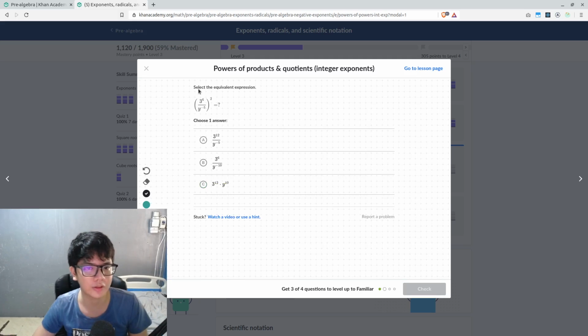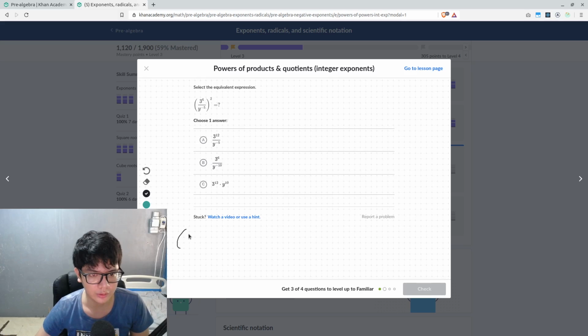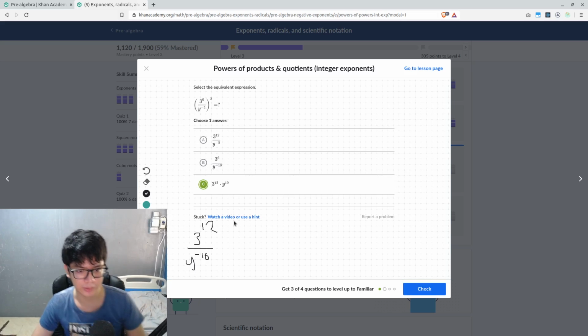Okay, select the equivalent expression. This is e raised to 12 over y raised to negative 10. I guess it's complicated.